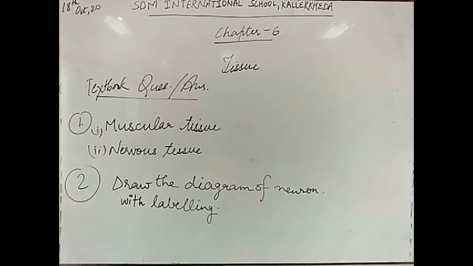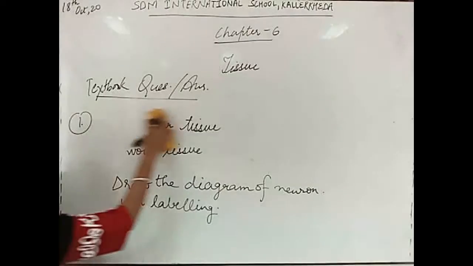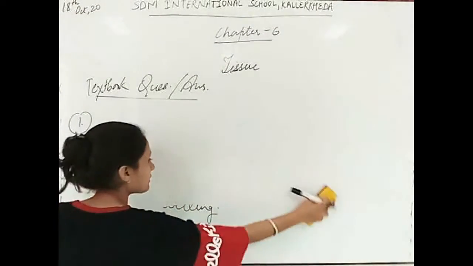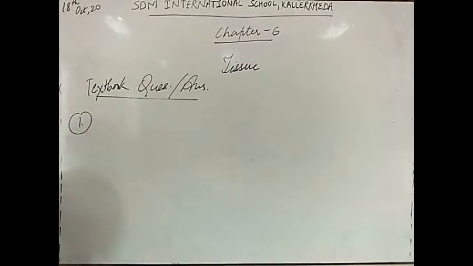Give three features of cardiac muscle. You have to give the three characteristics. Features means characteristics of cardiac muscle. Features of cardiac muscles: heart muscles are cylindrical, branched and uninucleated. As I have shown you in the diagram of cardiac muscles, cardiac muscles are heart muscles.